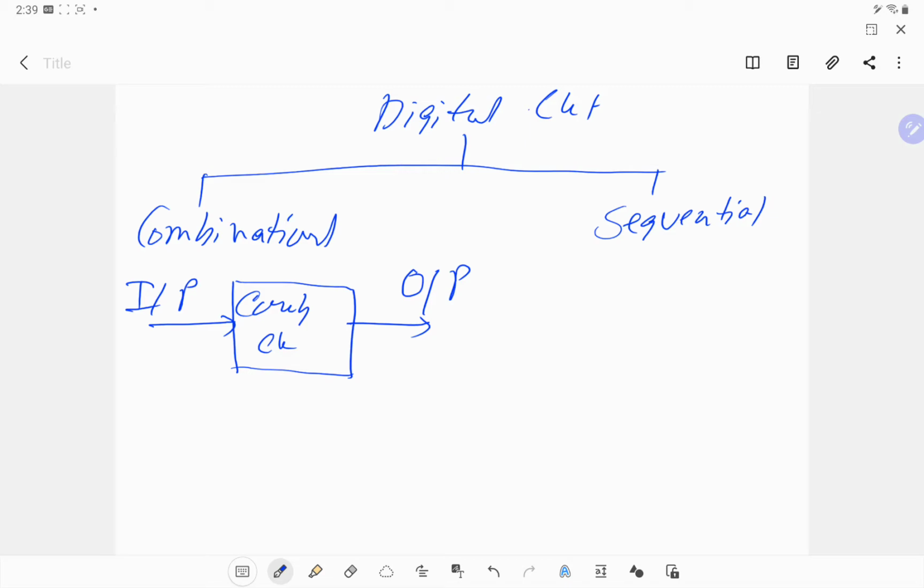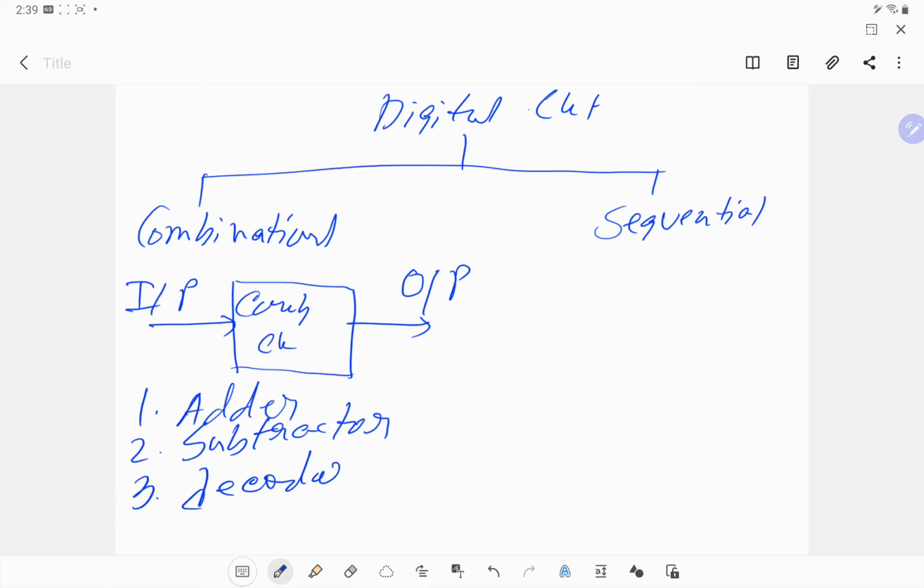Some typical combinational circuits that we'll study are adder, subtractor, decoder, encoder, and multiplexer.